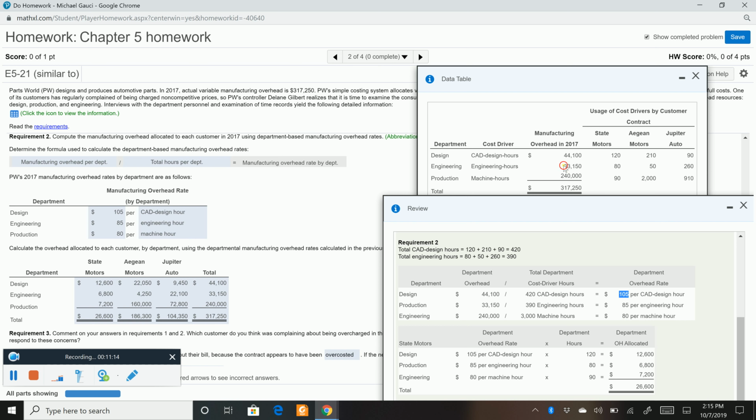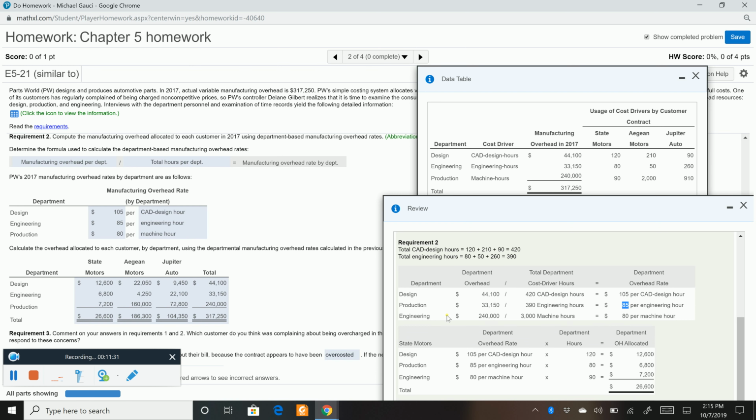For engineering, we spent $33,150 divided by 390 engineering hours, that's the 80 plus the 50 plus the 260. You get $85 per engineering hour.